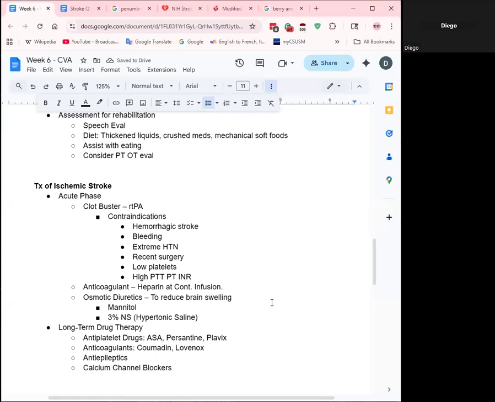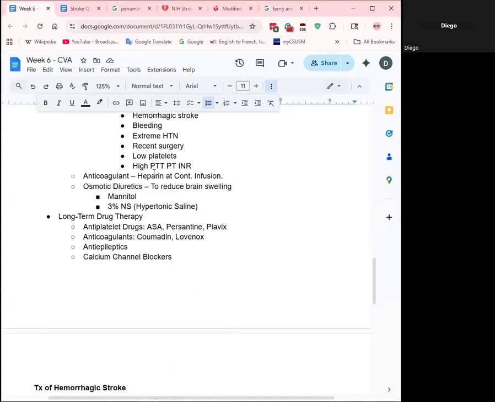You will learn more about this next semester. Next semester, you have a week that is focused on hemorrhagic stroke and hematomas, so you'll go over it in more detail at that point.